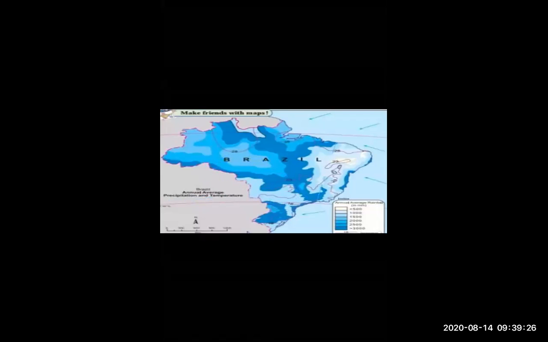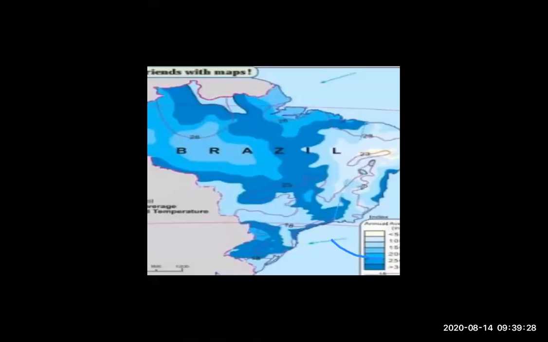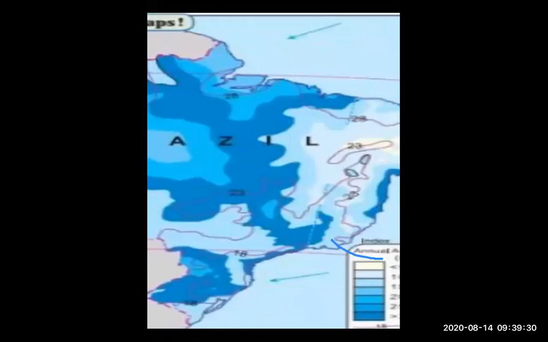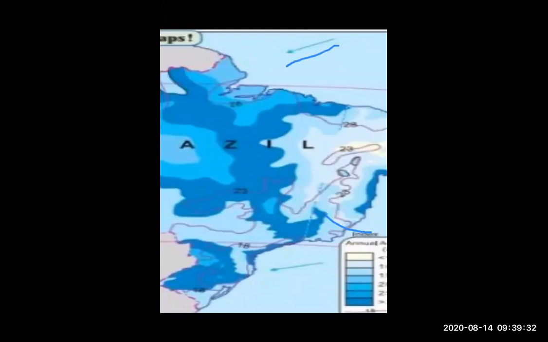Just 1 minute. Look at this blue color, okay? This blue color, this one. This is northeast and southeast. This is the wind sign, okay? I ask you from which direction the wind is blowing? Northeast and southeast.